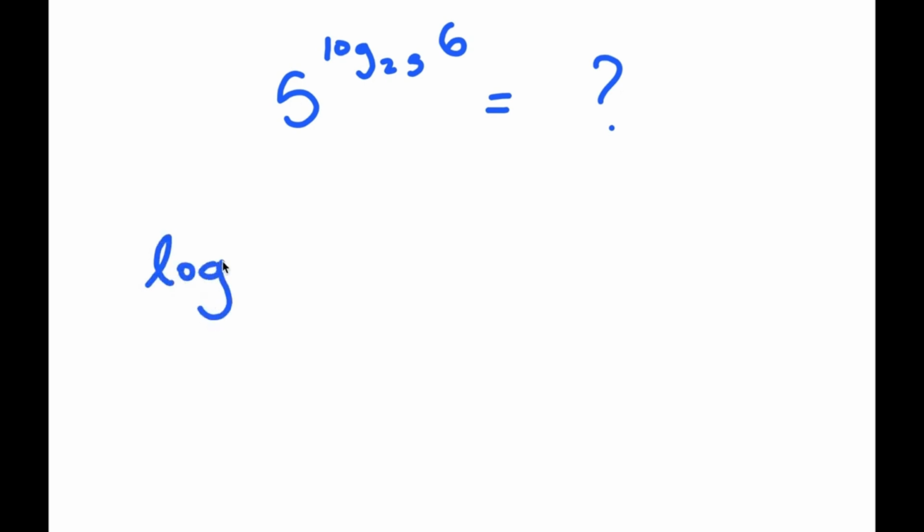Alright, so in this video, I'm going to solve the expression 5 to the power of log base 25 of 6. So to solve this, what I'm going to do is use a simple property of logarithms that states that if I have something in the form log base a of b, this is equal to ln of b over ln of a.